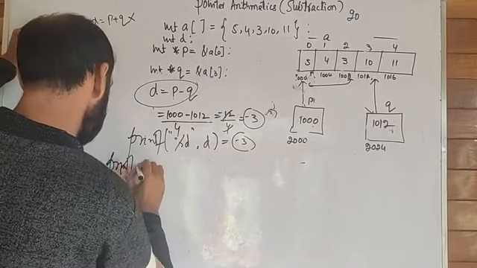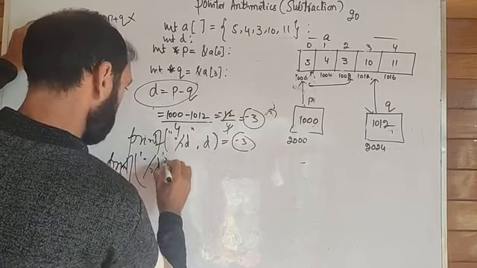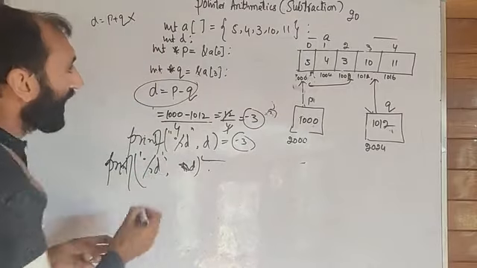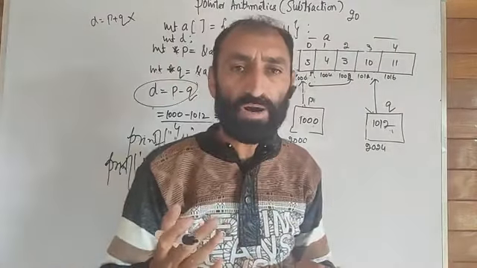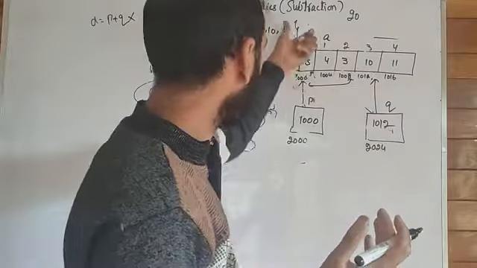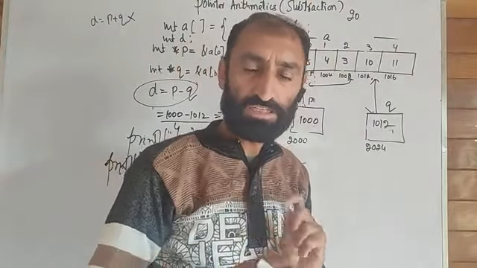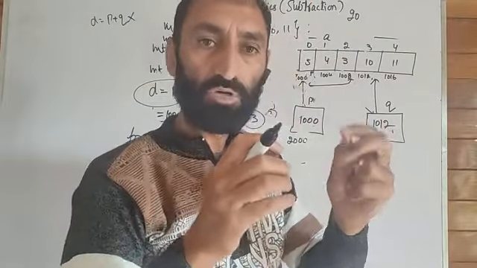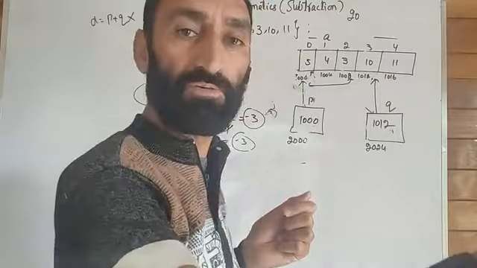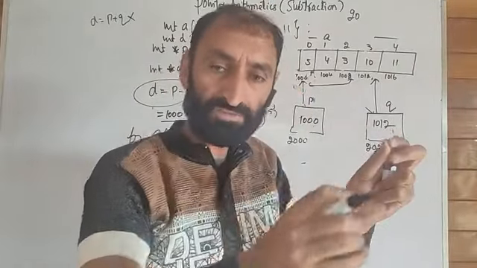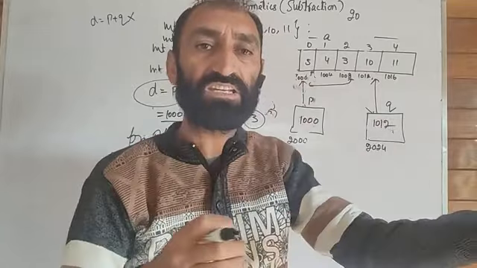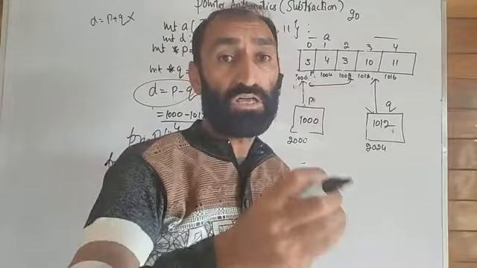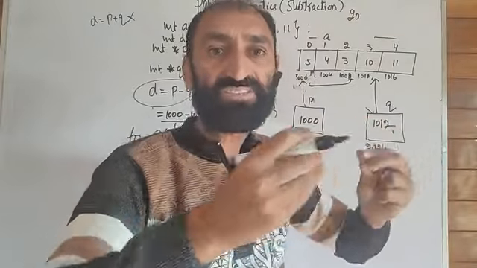Print the content of d. Hope you understood how we can perform arithmetic, how we can perform the subtraction on pointers. It is possible to subtract two pointer variables, and we can also subtract integers from pointer variables. On subtracting an integer from a pointer variable, the result is an address. The address gets changed. Whereas on subtraction of two pointer variables, the result is an integer.